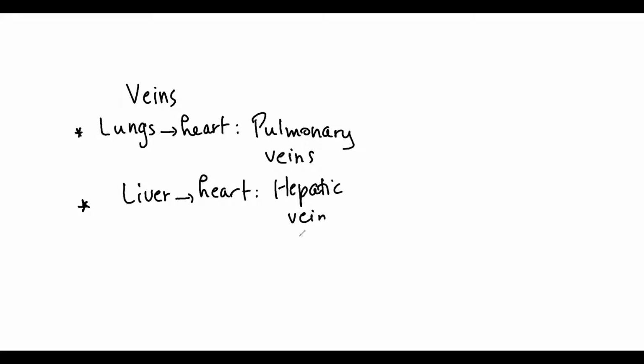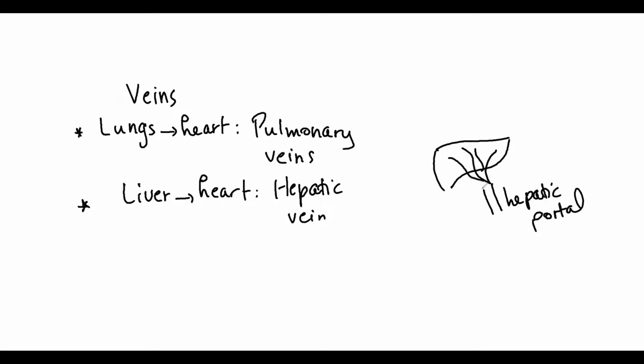I mentioned it when I was explaining the digestive system. I told you that if this is the liver, for example, all the blood from the abdomen is collected in the hepatic portal vein, and then this hepatic portal vein is going to enter the liver and branch extensively inside the liver in order to filter the blood from toxins and from excessive amino acids, amine groups, to form the deamination.